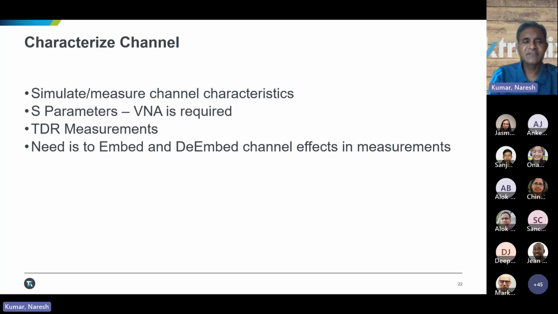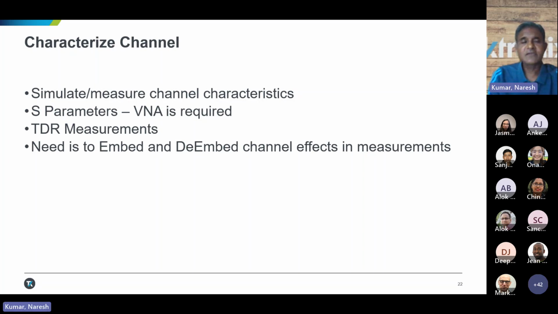Both these methods are used for characterizing channels. If you are using components, cables, or even traces on boards which are predefined, the characteristics are typically available from the vendors who supply them, or if they're not available, you can use your VNA or TDR measurement equipment to characterize those channels.